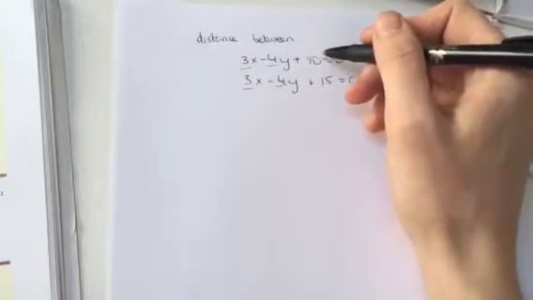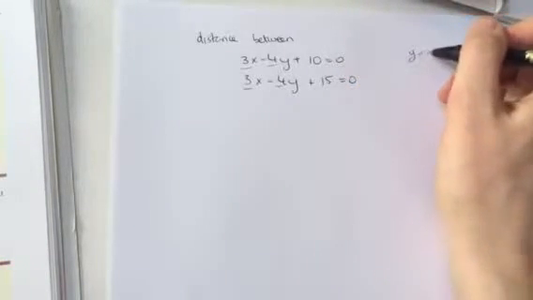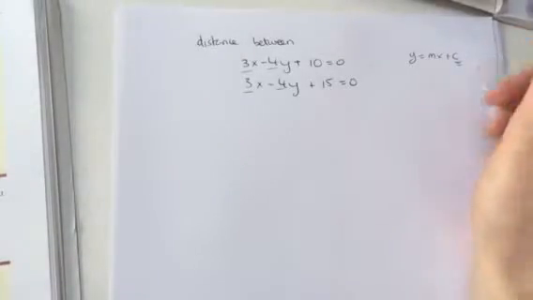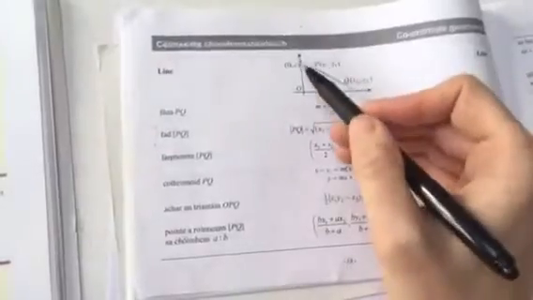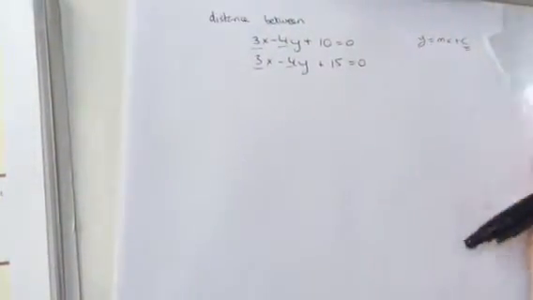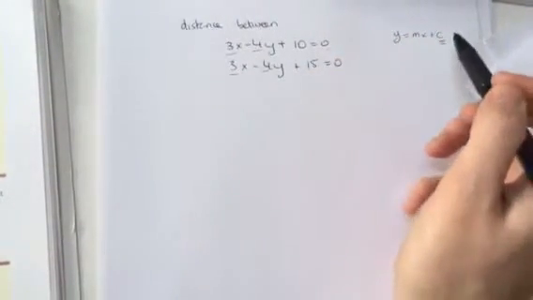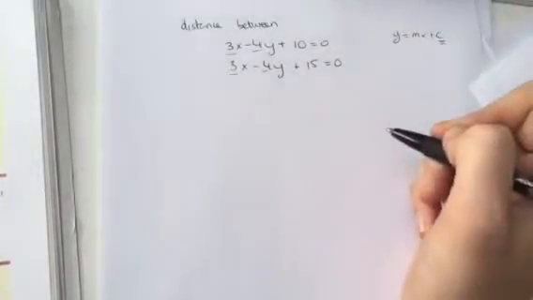They might have different values for C, where if you look at your log tables, C is where it cuts the y-axis, the y-intercept. So they'll have different y-intercepts, but the same slopes, which means that they're parallel.